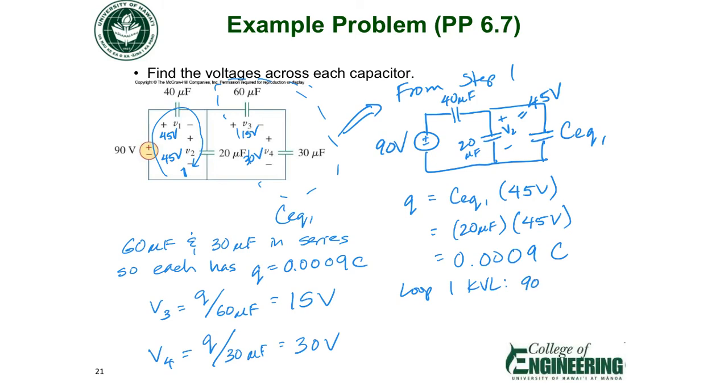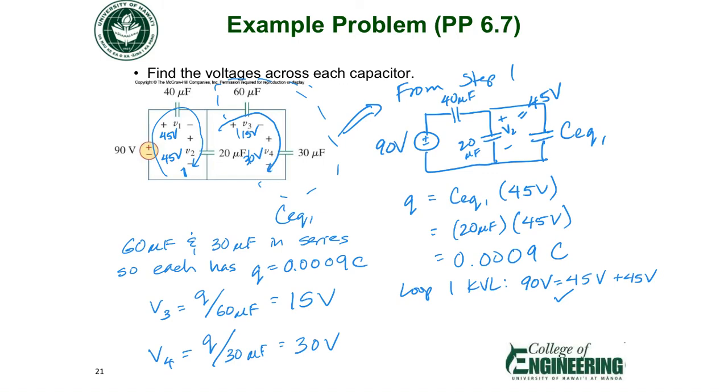And if we put those values in, so 90 volts equals 45 volts plus 45 volts. And that's correct. Okay, that's true. We satisfy KVL for that loop.